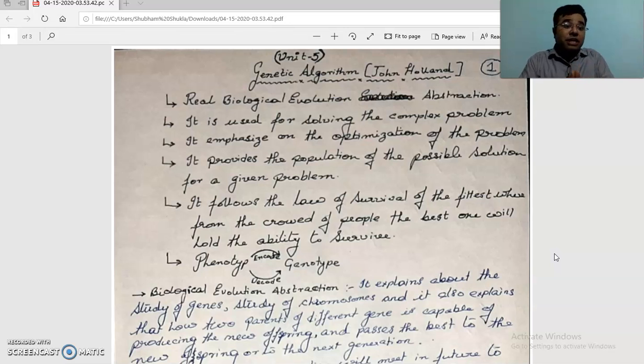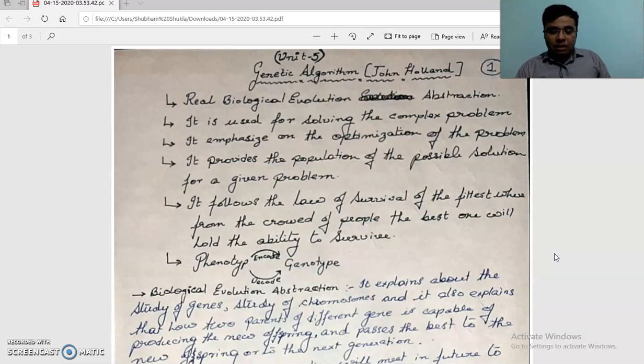But here the genetic algorithm is entirely different. It is not doing so. It is actually working on the population, and it is ultimately optimizing the result so that we can get the optimized as well as the efficient outcome.